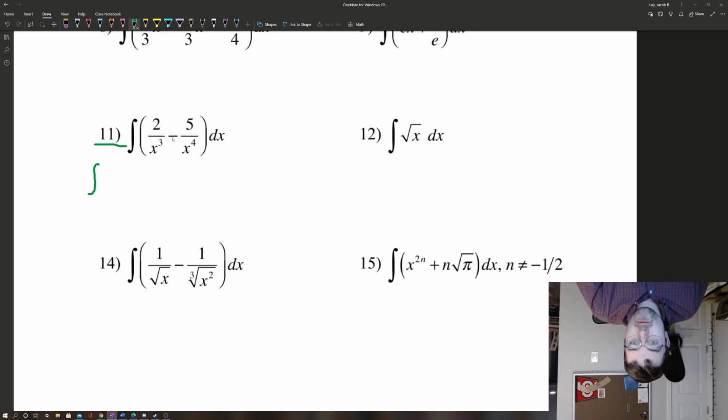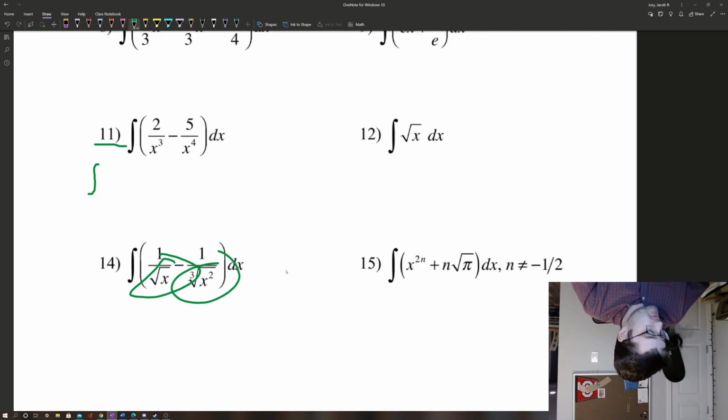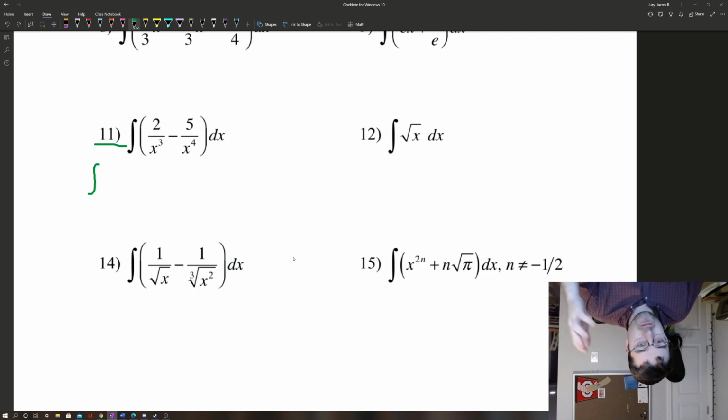But what we also need to do before we actually integrate is rewrite our variables as negative exponents, so we know how to integrate, because we don't like to see radicals like we see in some of these questions below, and we don't like to see powers in the denominator.